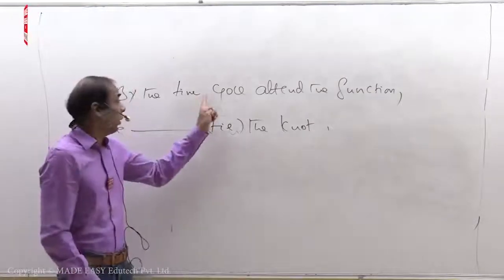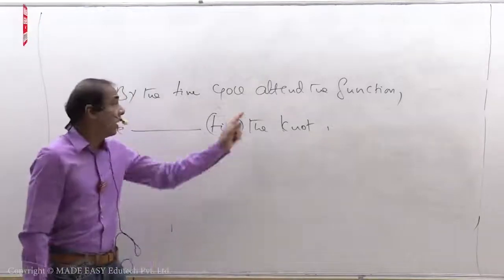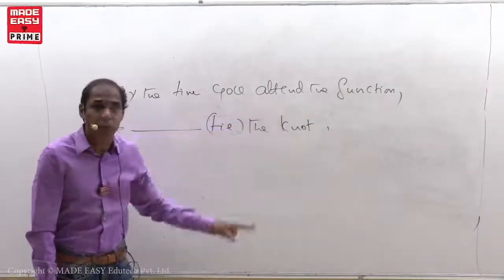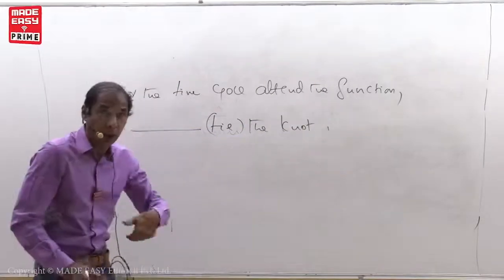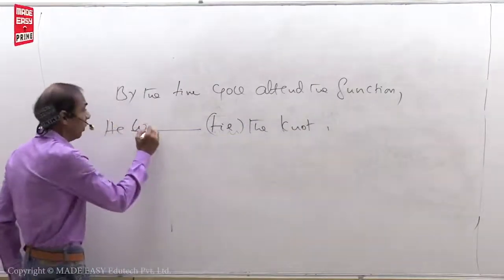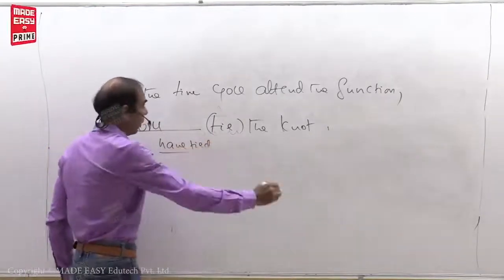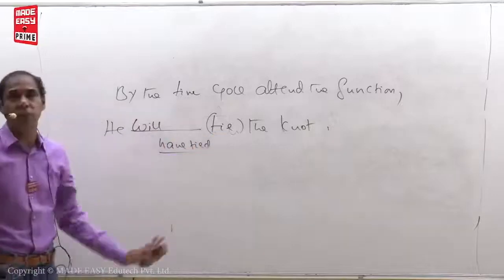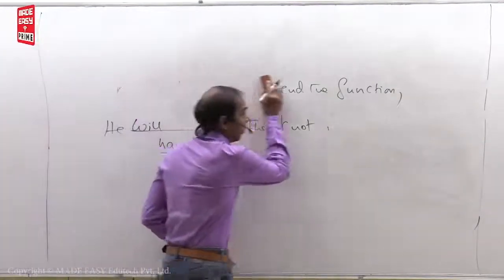It means you have to attend the function. First action. Second, he will tie the knot. Two actions are going to happen in future. In these two actions, what is the first action going to happen? According to me here, he will have tied the knot. Will by shall plus have plus V3. Right? Okay? Next.